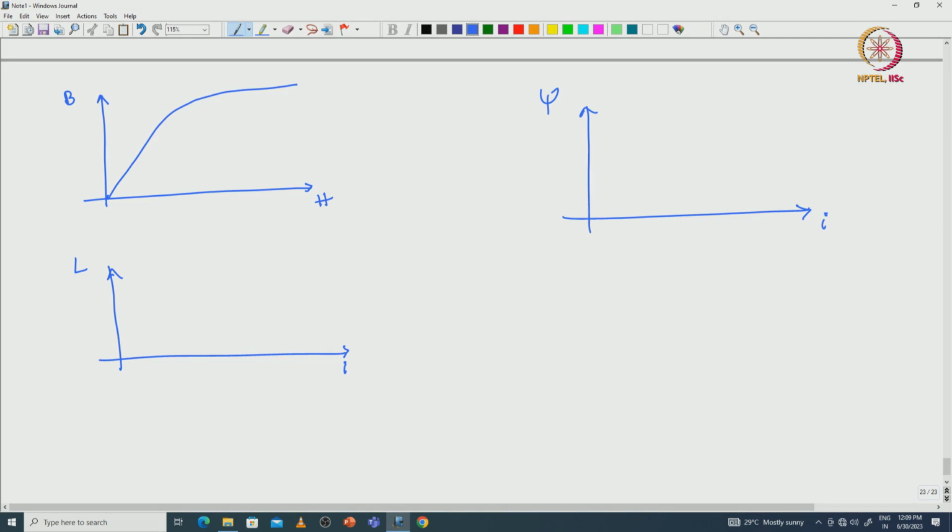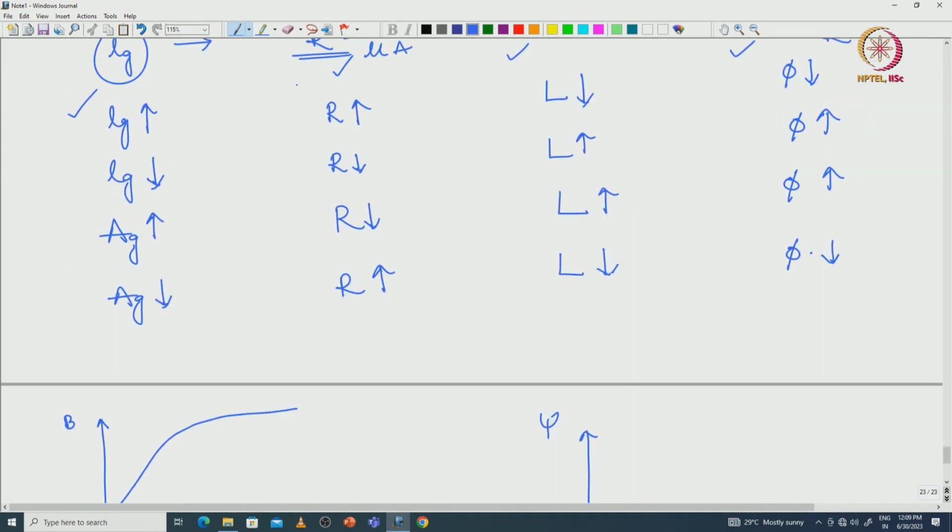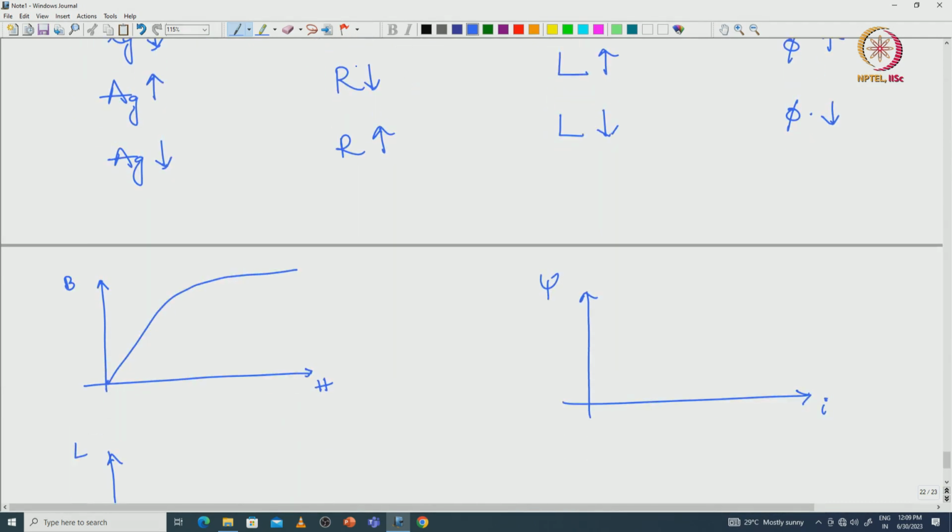If we increase the air gap length, the reluctance is increasing, right, flux also decreasing. Flux is decreasing means B values also will come down, right. So, it will come in this fashion. If air gap length is higher, then we will see some linear characteristics. Like this fashion, the length of air gap is increasing.